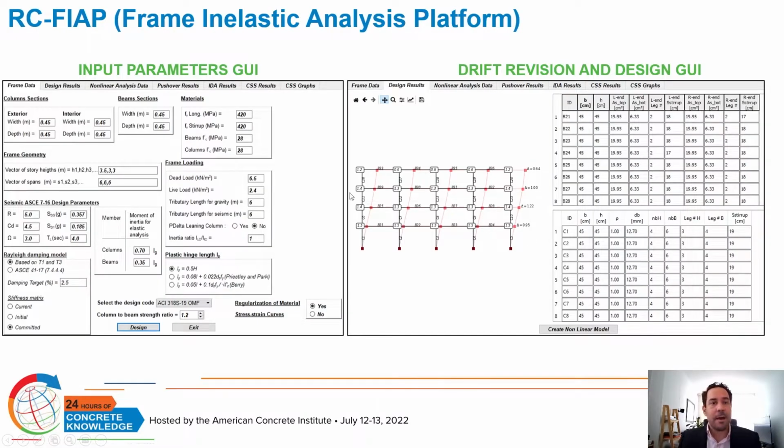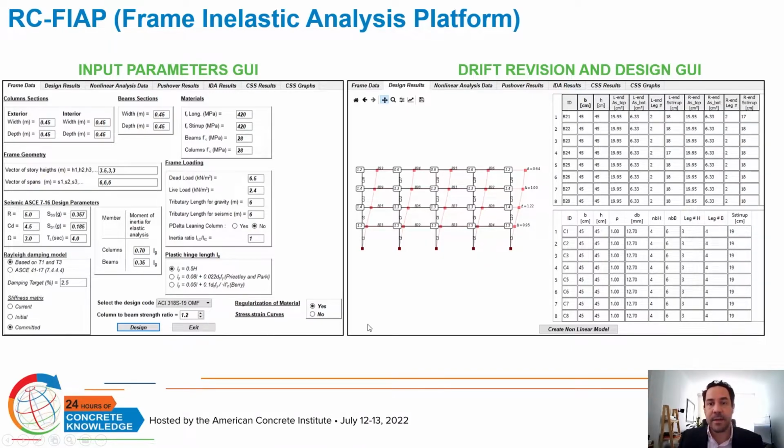The platform lets the user introduce material parameters, geometric parameters of beams and columns, a vector of heights, a vector of spans, some framing loading, some tributary seismic loading, also some design parameters per ASCE 7-16, and with a simple click, you can design the frames as ordinary, intermediate, or even special, enforcing or not a certain column to beam strength ratio.